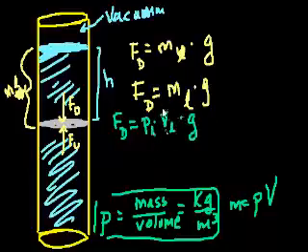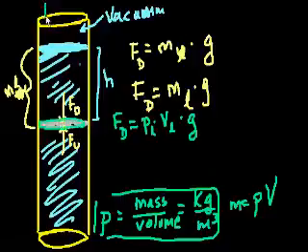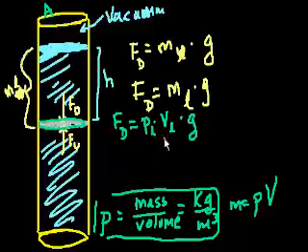And what's the volume of the liquid? Well, the volume of the liquid is going to be the cross-sectional area of the cylinder, right? Times the height. So let's call this cross-sectional area A for area. That's the area of the cylinder or the foil that's floating within the water.